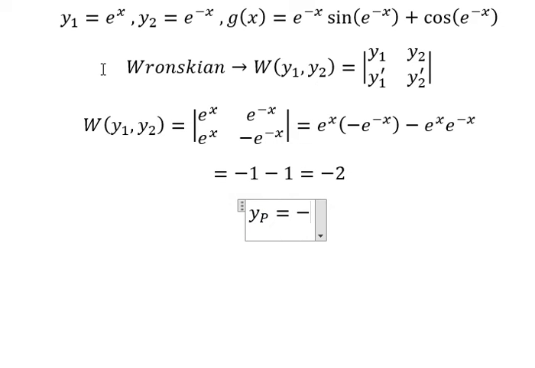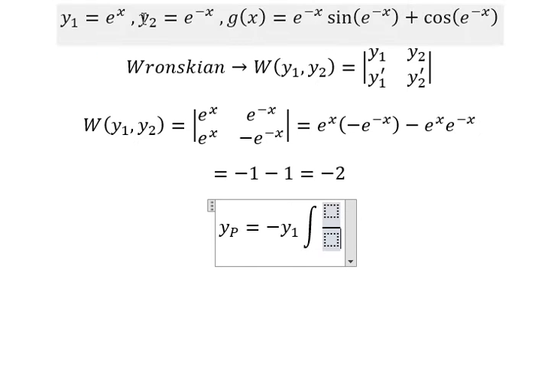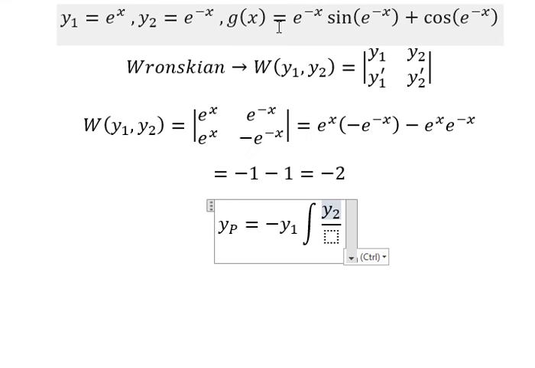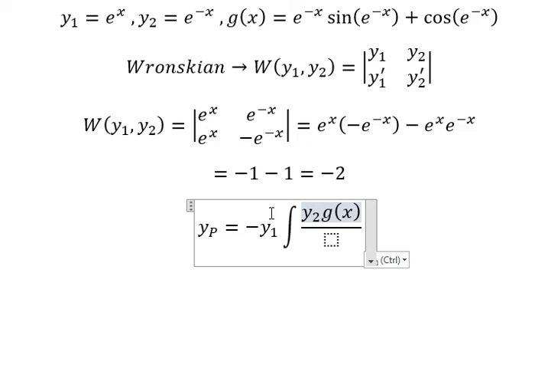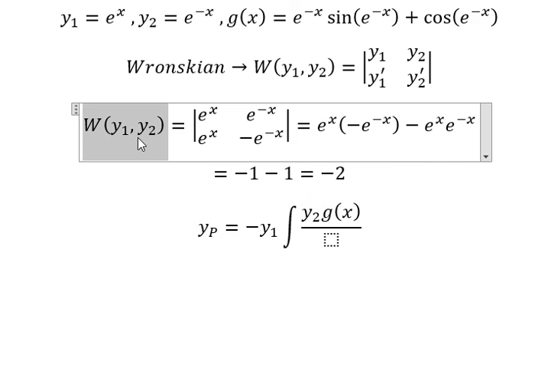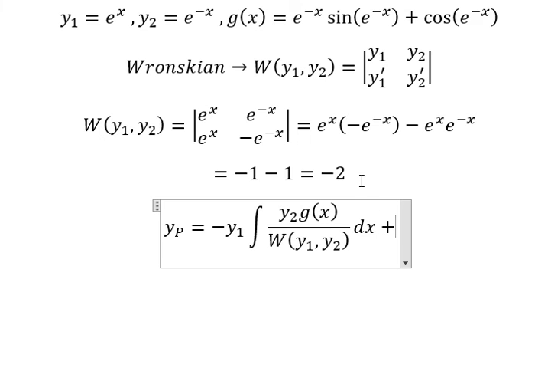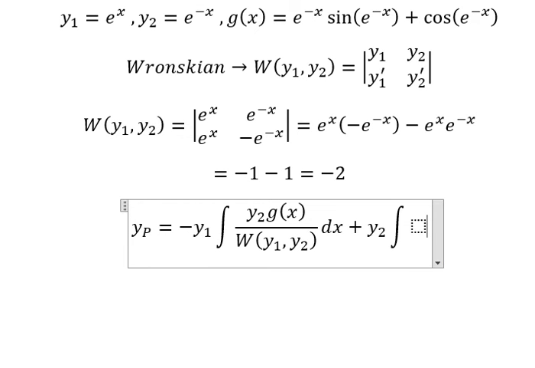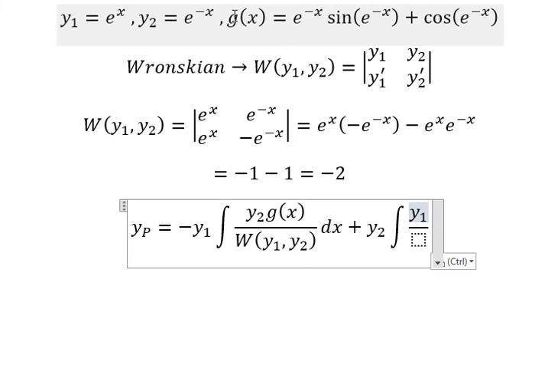We have y1 multiplied by the integration of y2 multiplied by g of s over the Wronskian of y1 and y2, plus y2 multiplied by the integration of y1 with g of s over the Wronskian.